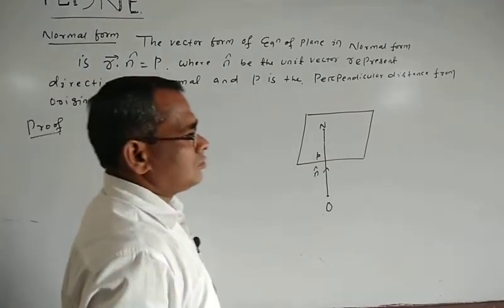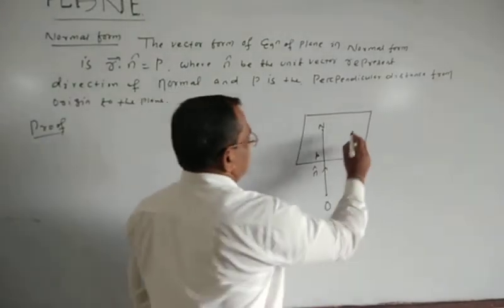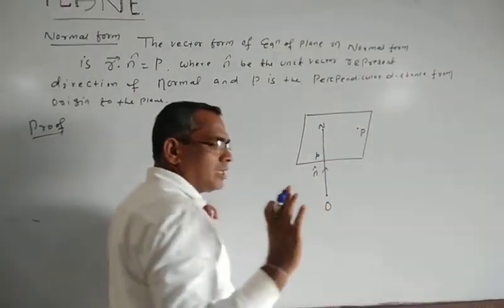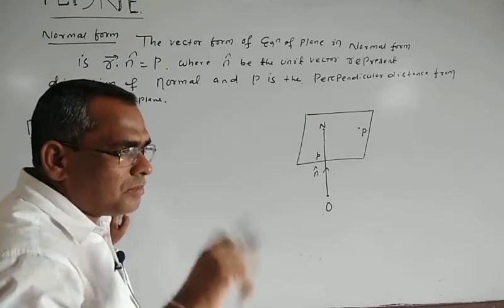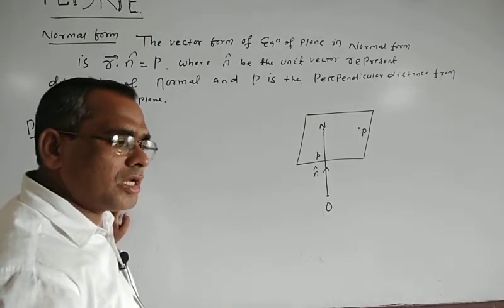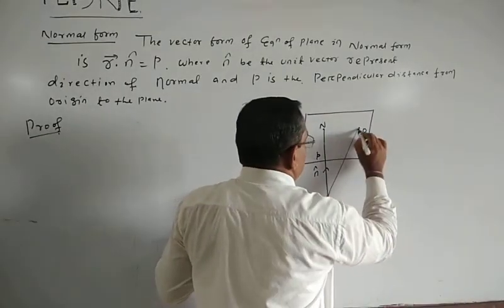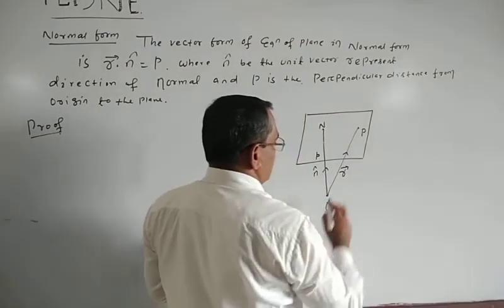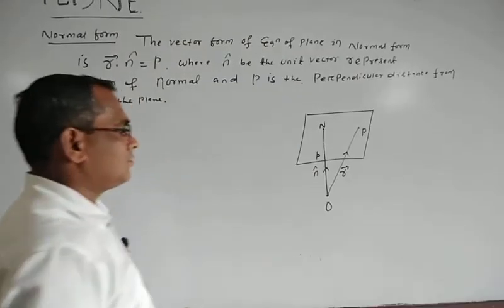So how do we find the equation of the plane? Here capital P is any point on the plane, and its position vector is r vector.